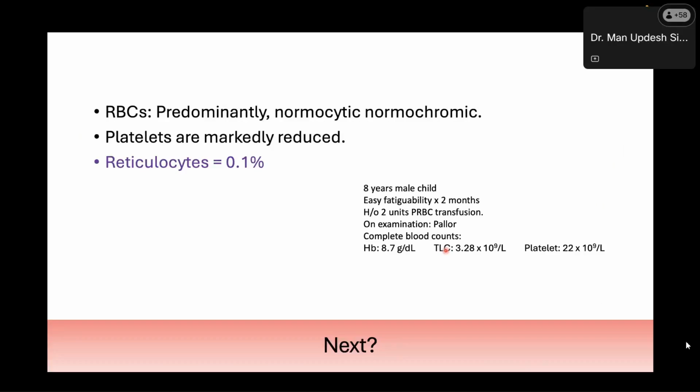So with that background, there's a pancytopenia. There are lymphocytes predominantly with low TLC in the background, and you have a young child with history of transfusion, no organomegaly. What next, Pushpanjali? What next will you like to do as far as workup is concerned? Pushpanjali, can you come in?